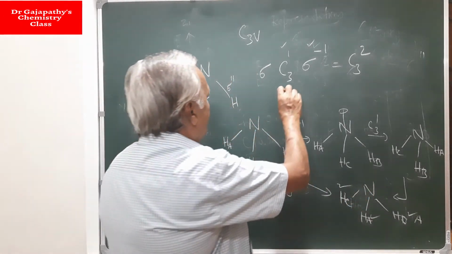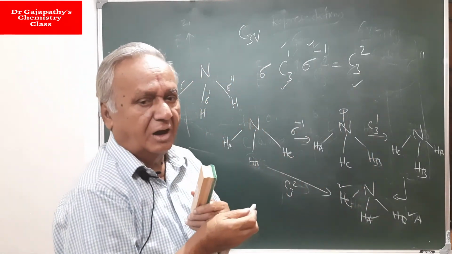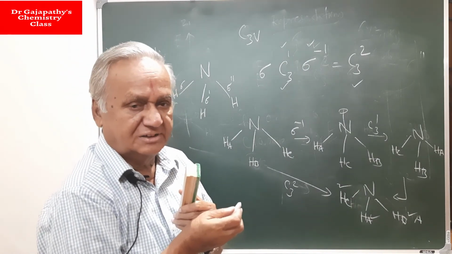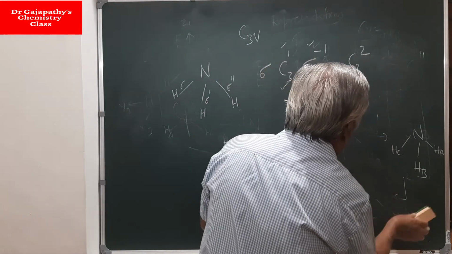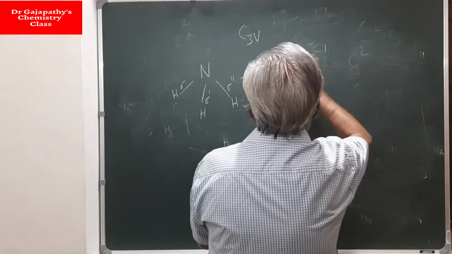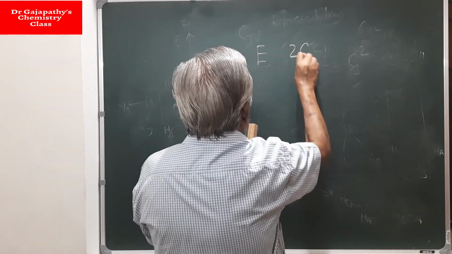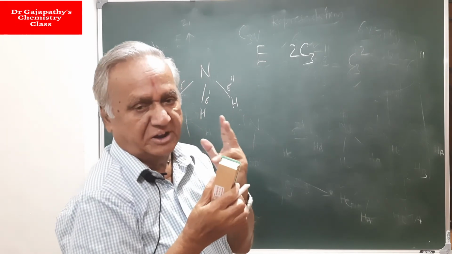So this condition is obeyed. C31 and C32 are conjugate to each other. They belong to the same class. If they belong to the same class, I need not write it as C31 and C32. I will write 2C3. I mean there are two C3 operations.